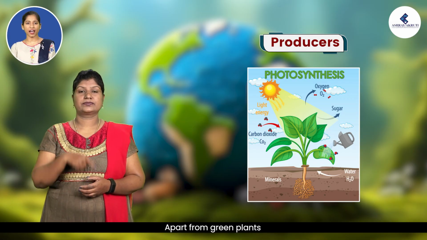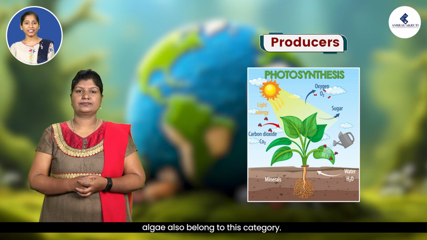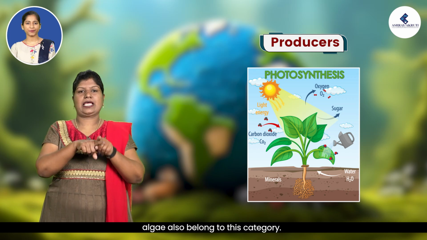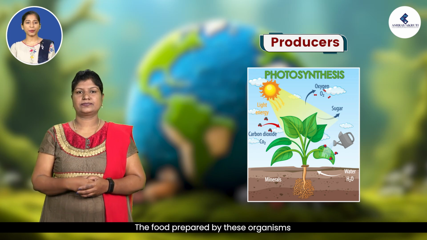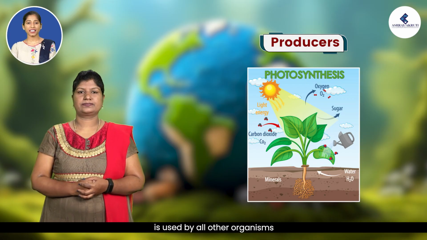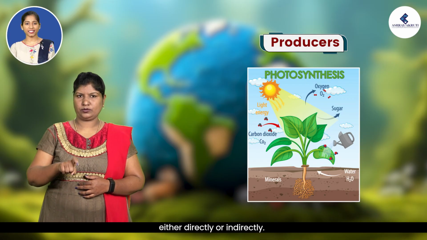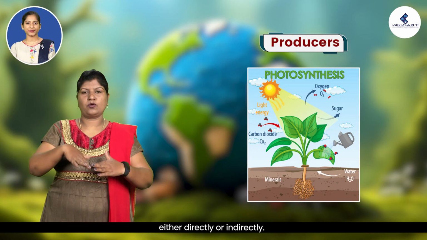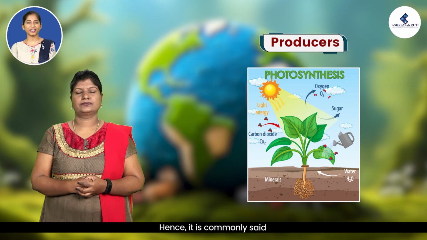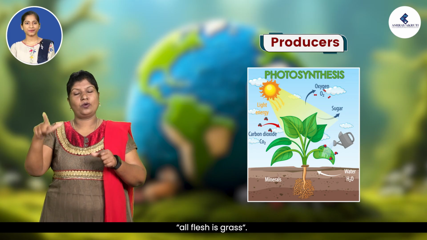Apart from green plants, algae also belong to this category. The food prepared by these organisms is used by all other organisms, either directly or indirectly. Hence, it is commonly said, all flesh is grass.